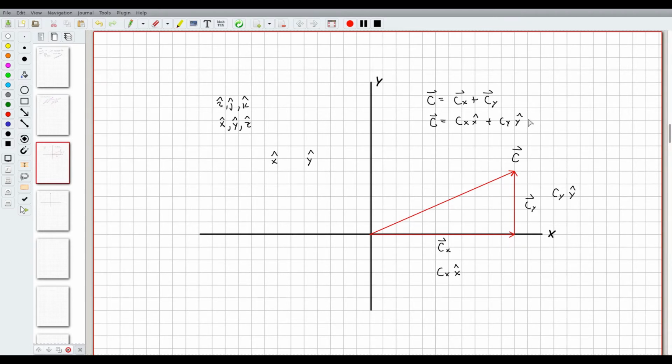Now, this right here is one of the most common types of notation that you see used in physics for vectors. So you might want to remember it.